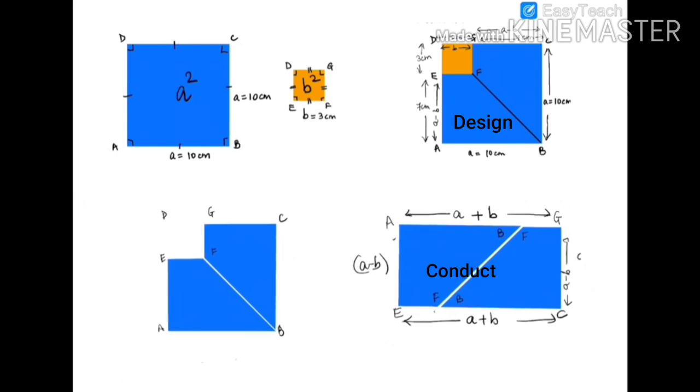So when we take away the smaller square from the bigger square, we are left with this figure, which has an area that is A square minus B square.